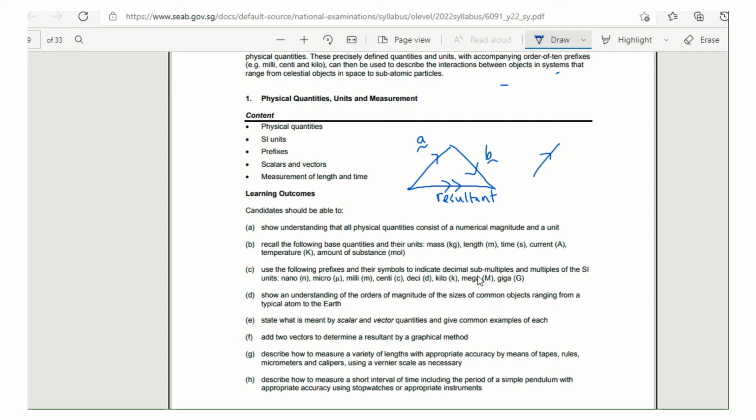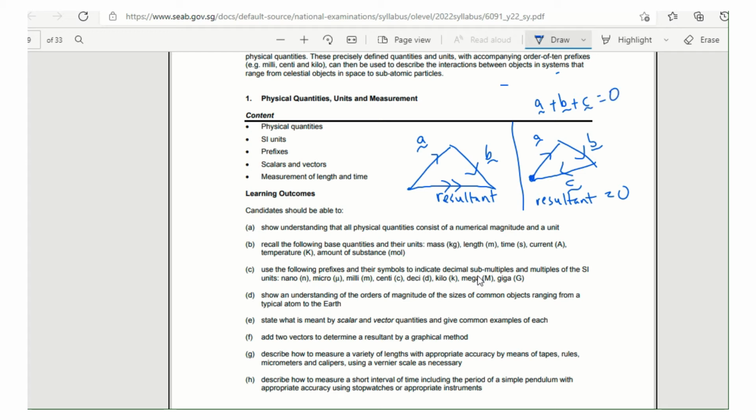If you have vectors like this, A, B, and C, notice they complete the entire triangle. So I start from A, I go to B, and after C, I come back to A already. For this, the resultant is equal to 0 because you end up at the same place where you started. So therefore, the resultant for A plus B plus C is equal to 0.